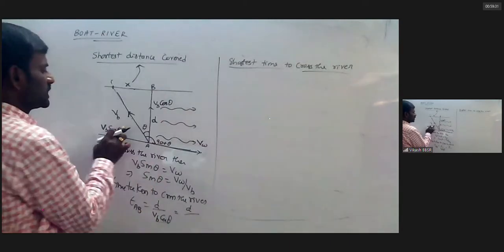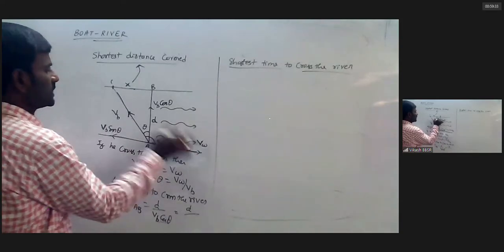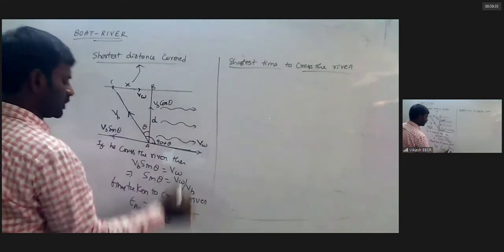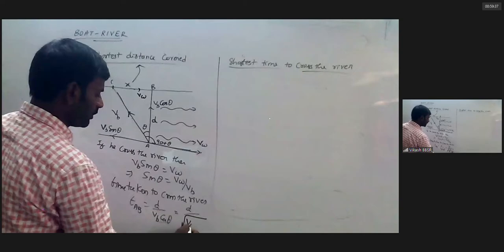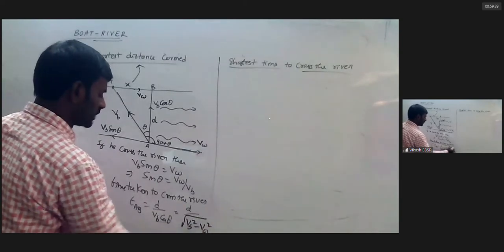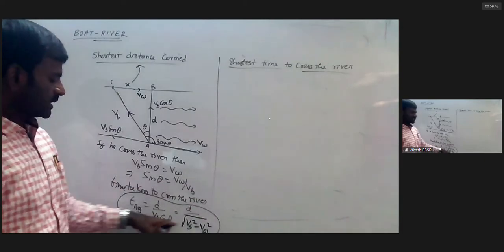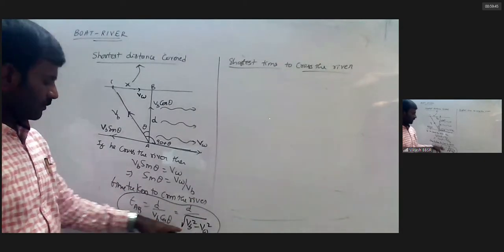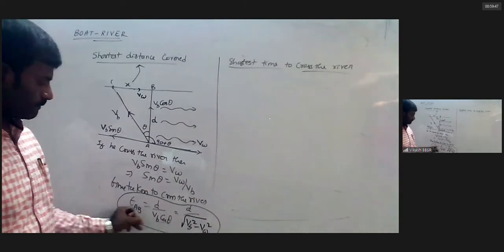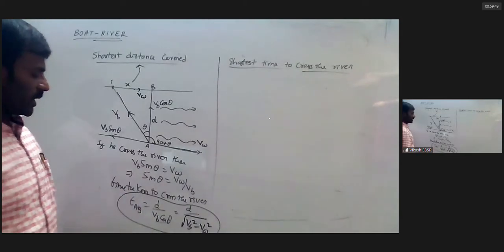This is the hypotenuse and this is the normal VW, so I can write root of VB square minus VW square. Sin theta is VW upon VB, cos theta is this one, with VB in the denominator.